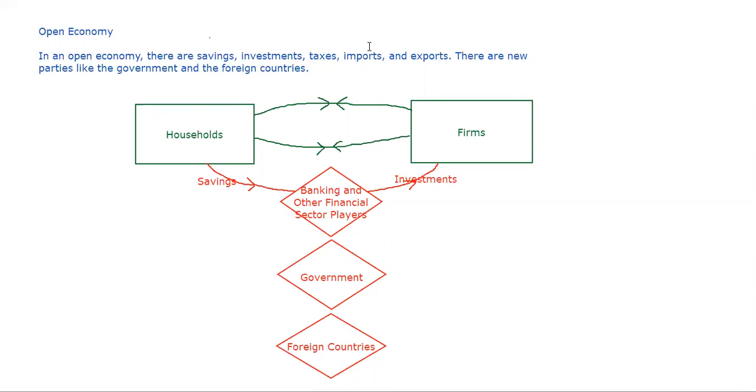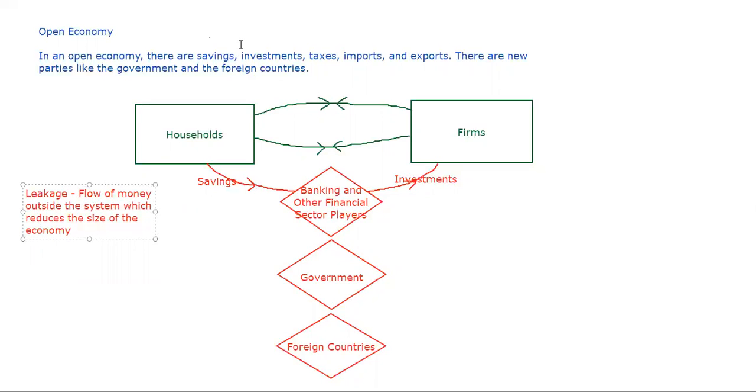And because it's a leakage, let's give it a red color. So we say flow of money outside the system, which reduces the size of the economy. So savings is an example of a leakage.